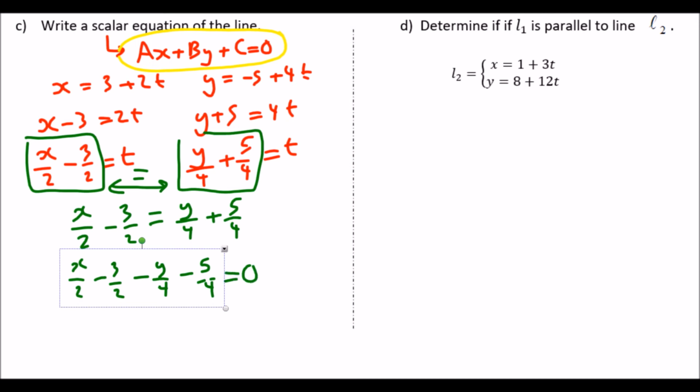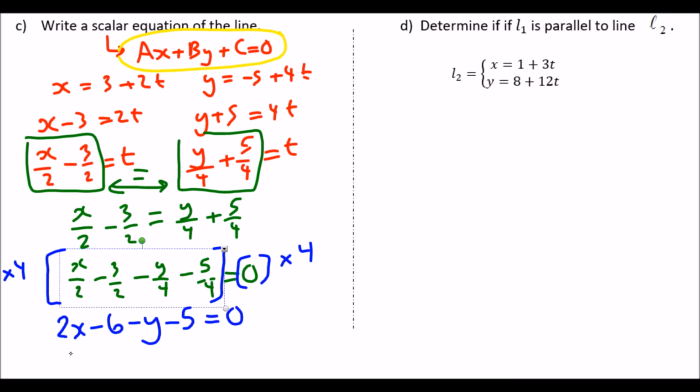Then I'm going to find an LCD. My LCD here is 4, so multiply all of this by 4. If I multiply this by 4, I get 2x minus 6 minus y minus 5 equals 0. And so my scalar equation would be 2x minus y minus 11 equals 0. There we go.